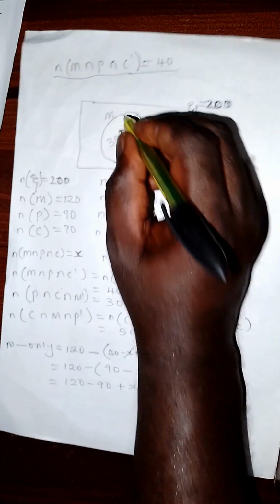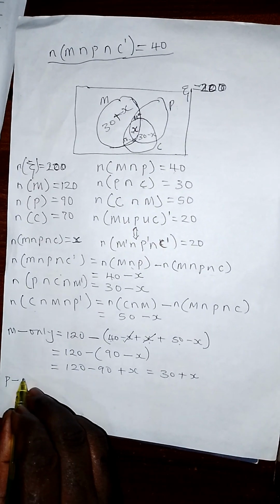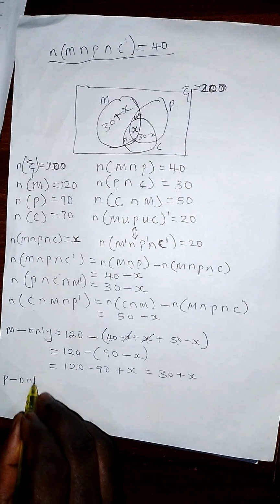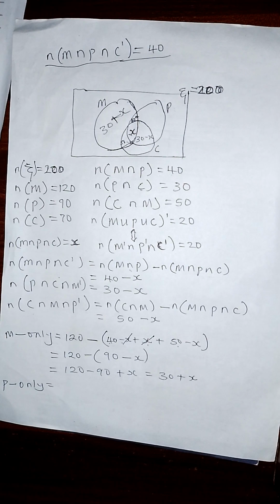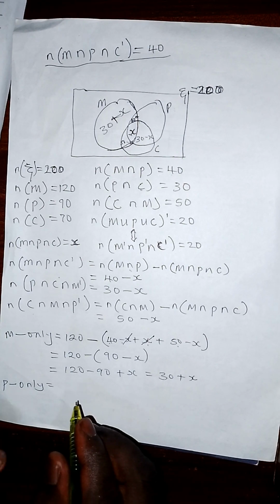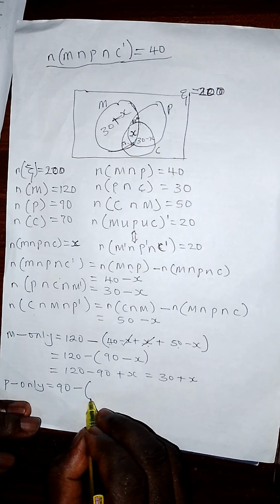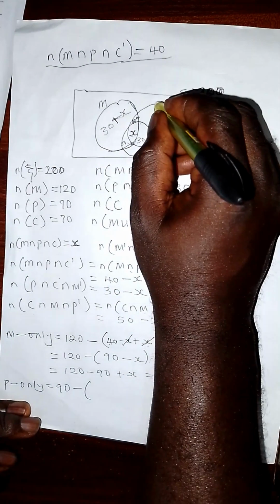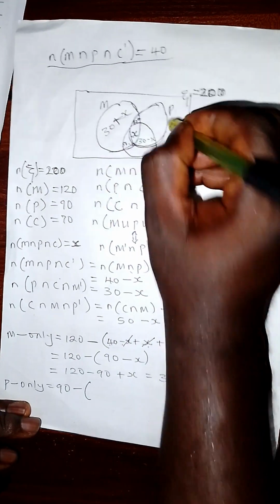So you can see the way I got it now. And then let me find physics only, P only. To get P only, that's 90 minus all the P. This is a part of P. Please take note of that.